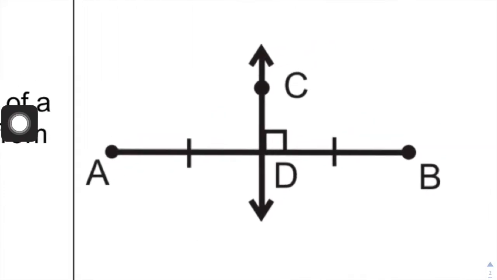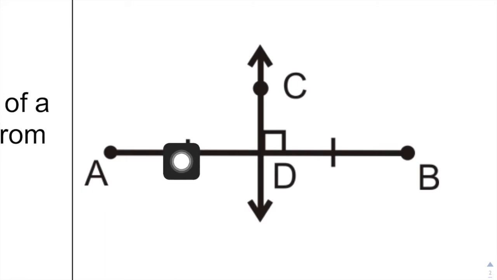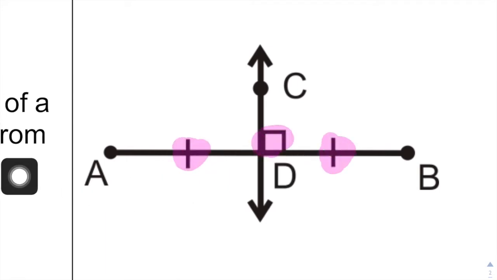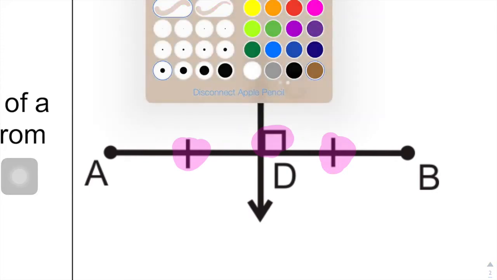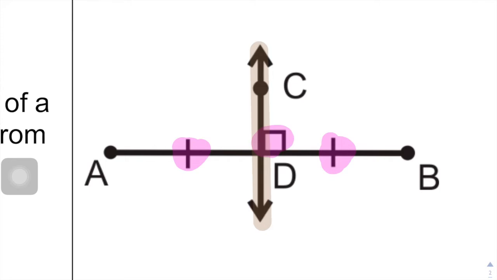So basically what we're saying is if I see these markings that mark up a perpendicular bisector, then any point on this line will be equidistant to the two endpoints.